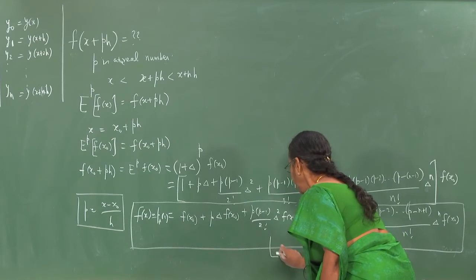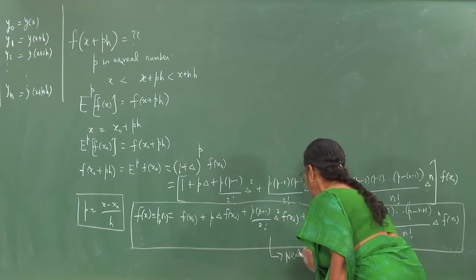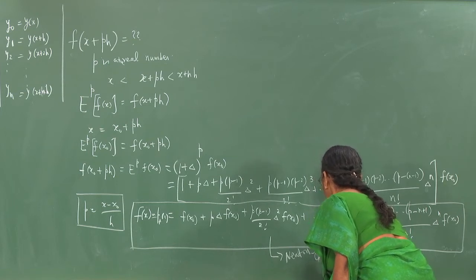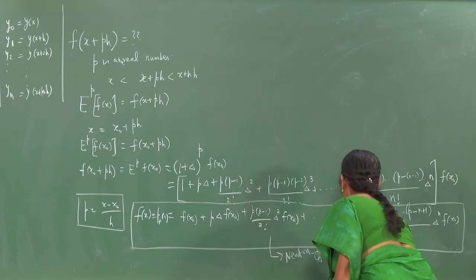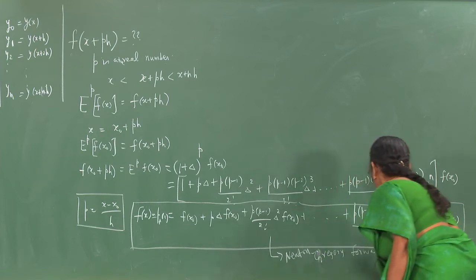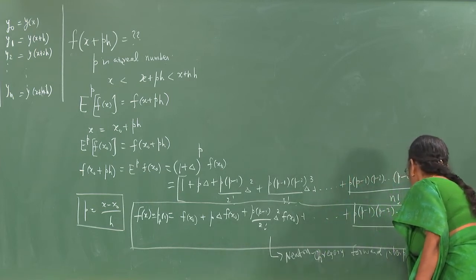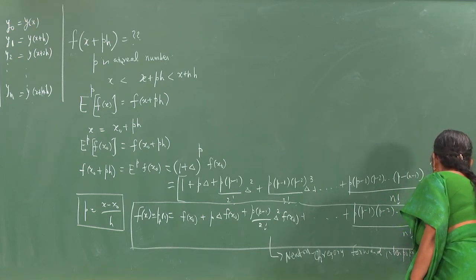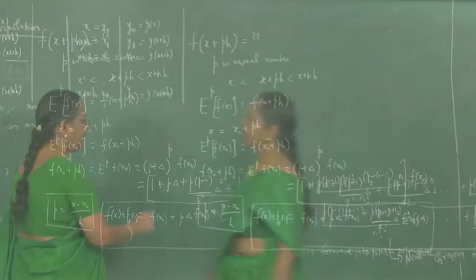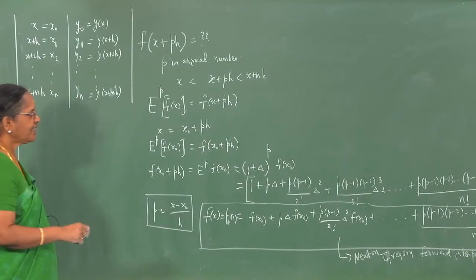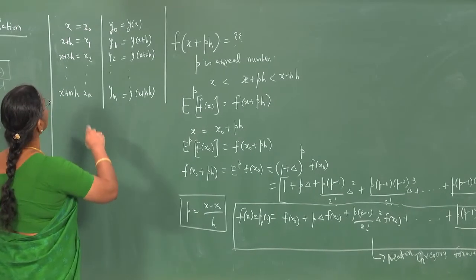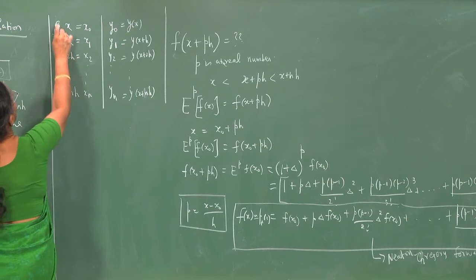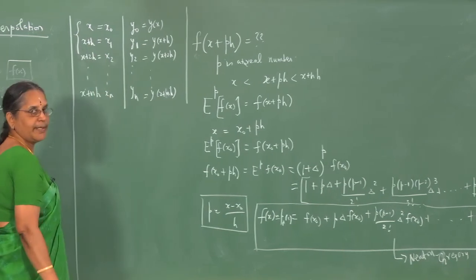And this polynomial is called the Newton-Gregory forward interpolating polynomial of degree n. This polynomial will give more accurate results when you seek information at any x which is very close to the beginning of the table.